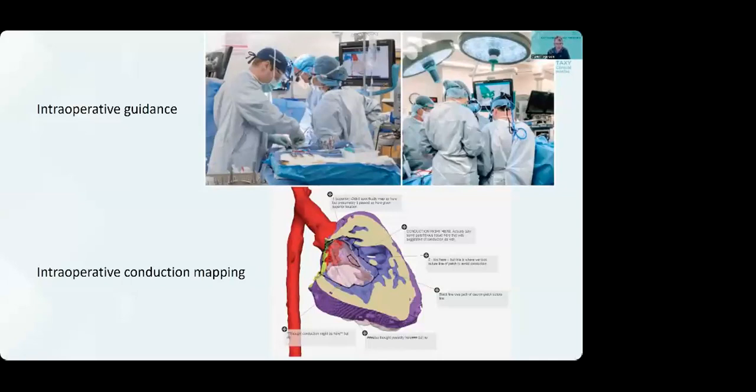And not only are we able to identify the conduction system in these patients, but we use the 3D models as a way to really annotate for each individual patient where the conduction system is found. And that's been extremely useful.